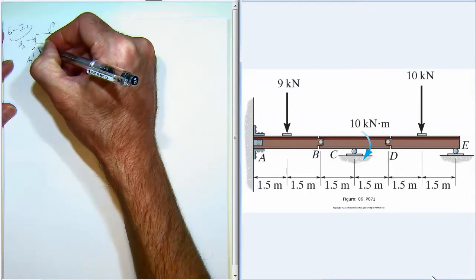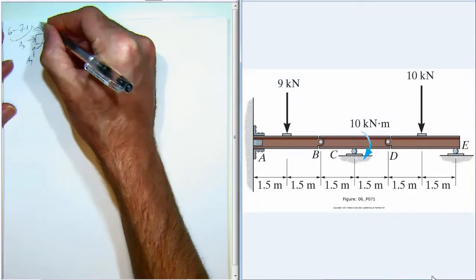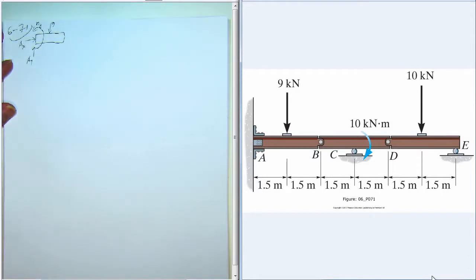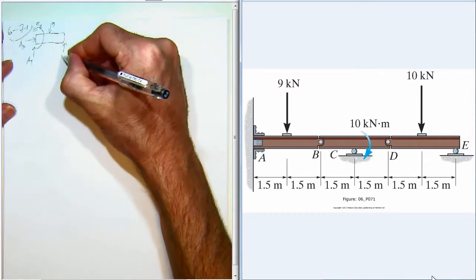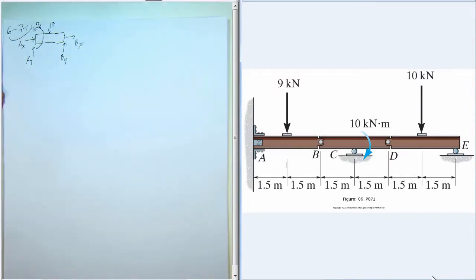Oh, I'm sorry, the support can also provide a moment, so we'll go ahead and draw that positive direction, so we call it MA. And then the pin on the right provides reactions, BY and BX. So there's the free body diagram for the member AB, and I just assumed directions for the reactions at A and B.